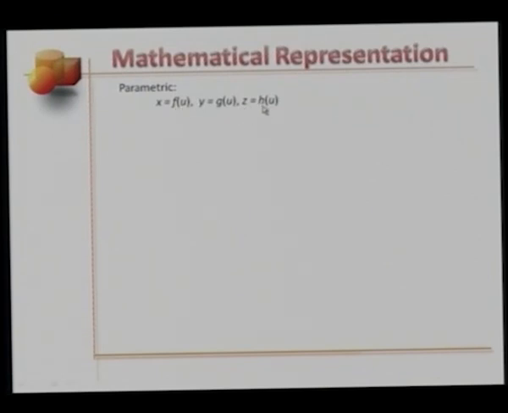F, g, and h are three functions of parameter u. The first advantage we get is that the issue of vertical tangents gets resolved. How? Well, one can simply say f of u is x0, which is a constant, and g of u is equal to u, where u goes from minus infinity to plus infinity.